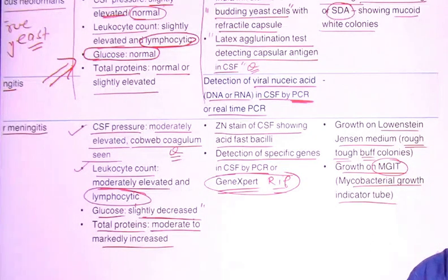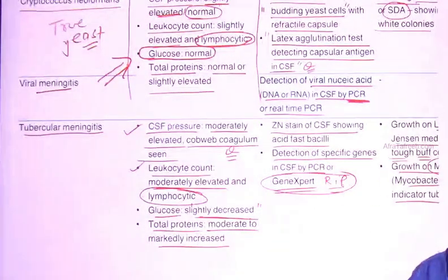Those tests are not done routinely. That is the TB Gold assay, the QuantiFERON TB Gold assay. So they are all done for what? Latent TB. But for the drug resistance and for the culture, you can take up what? MGIT.